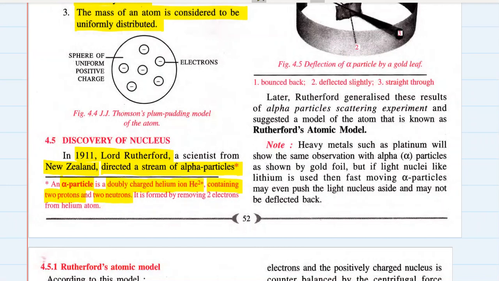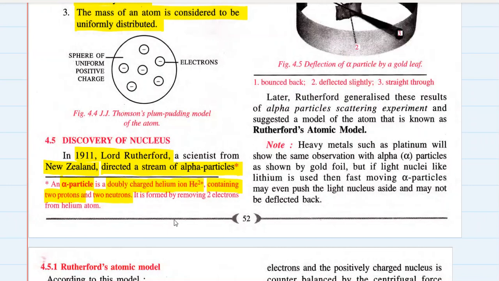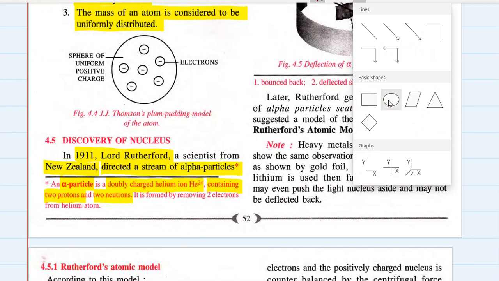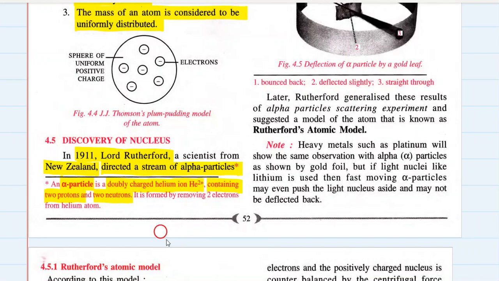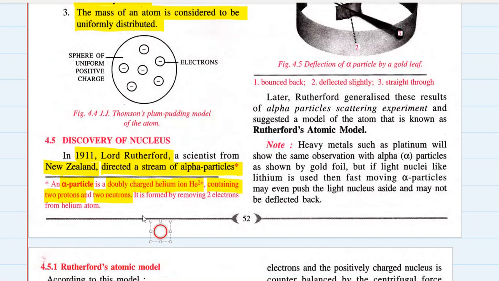You know helium. How is the structure of helium? I'll show you the structure of helium. It has a small nucleus and one shell.